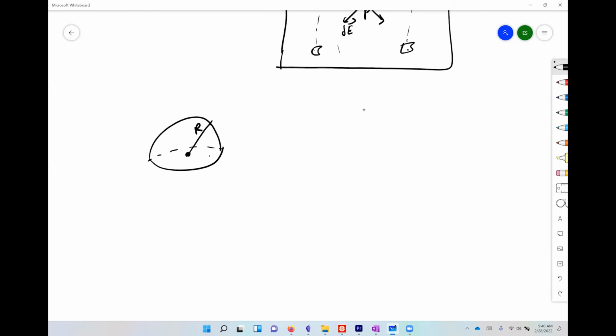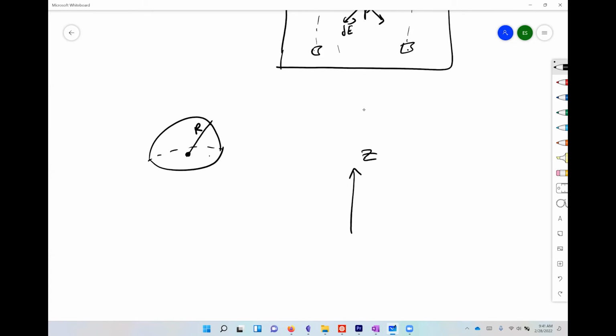I can look at it from the Z. I guess let's do cylindrical. Okay, let's do spherical.